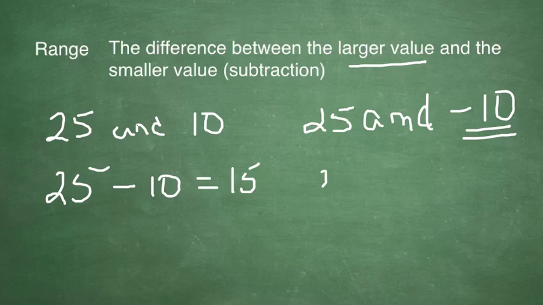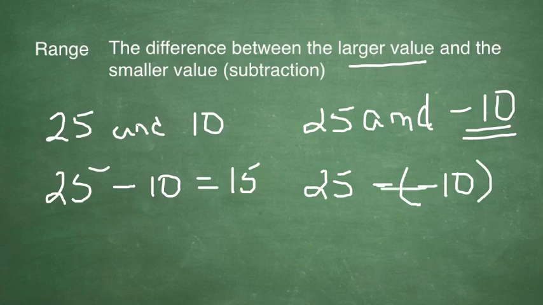So this is where I do 25 and I have a double negative. Take the difference and negative 10. Well, double negative means add, so the range is 35 for this one. Okay, so be careful with those negative numbers.